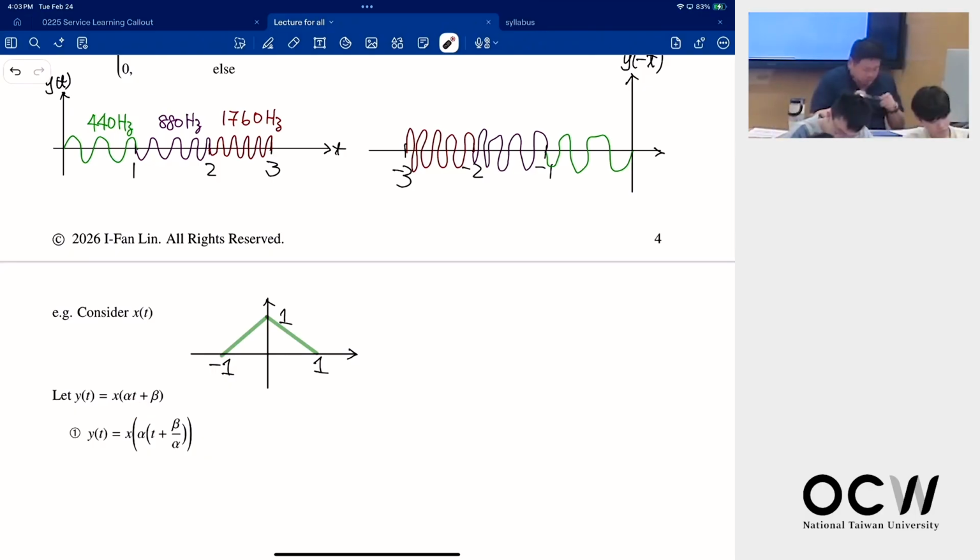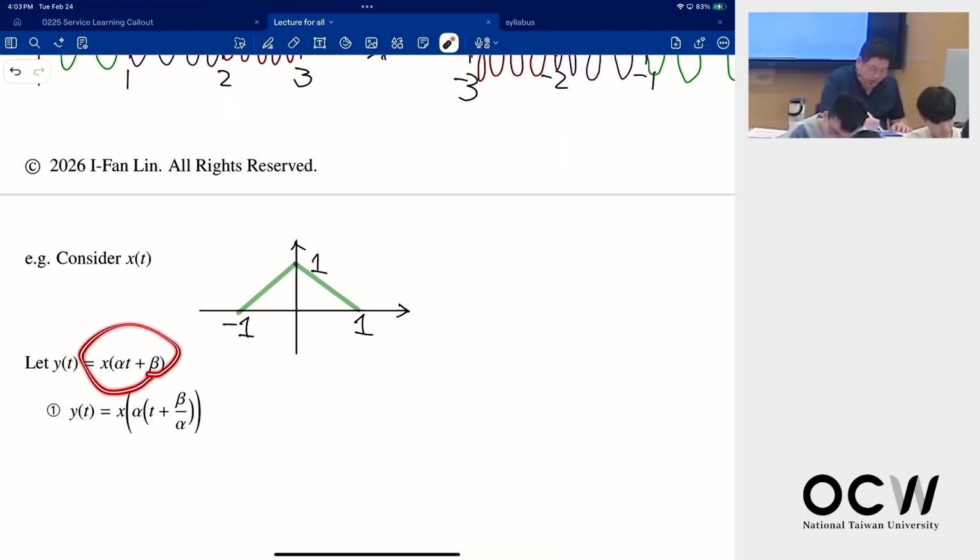So if I have shifting and scaling, which one should I do first? Shifting first or scaling first? Two ways. Okay, first, let's see. We can rewrite this signal into, we just take alpha outside, the factor outside. Then we have t plus beta divided by alpha.